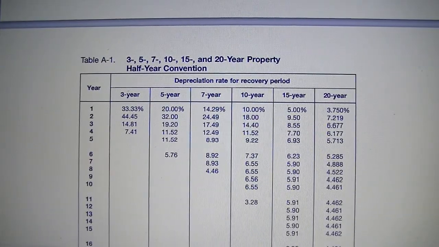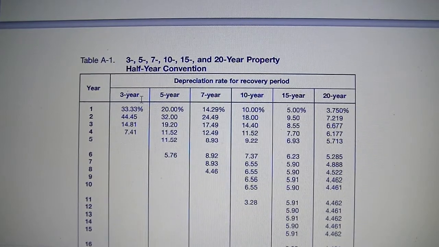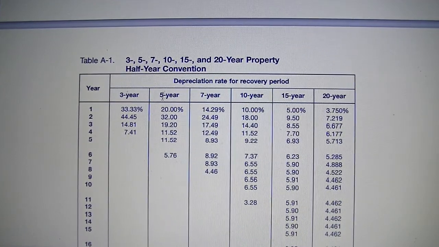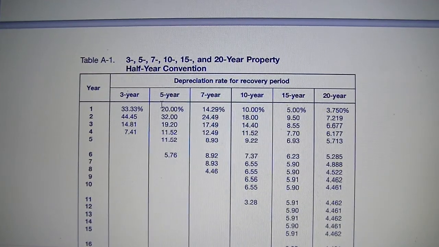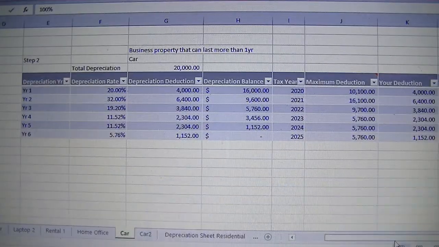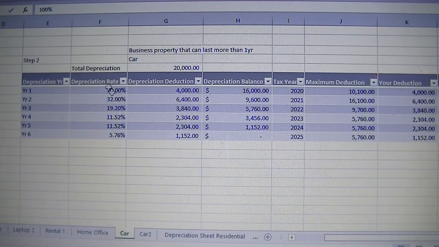So that's table 1, and the recovery period is 5 years. That's the recovery period for the car, and we will recover the full cost by year 6. So we'll copy the rates from year 1 to year 6 to the spreadsheet, and we will enter them under depreciation rates.